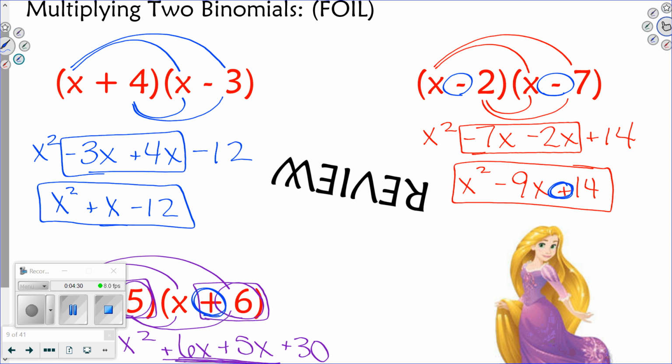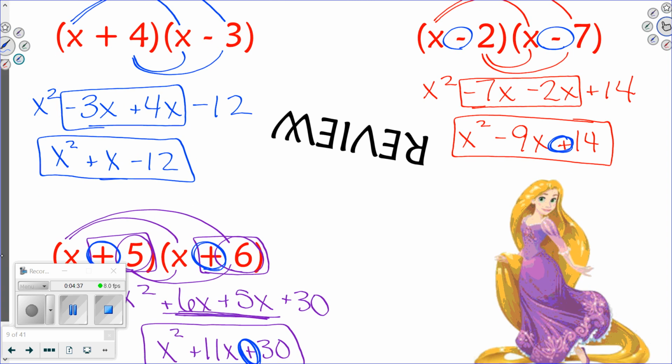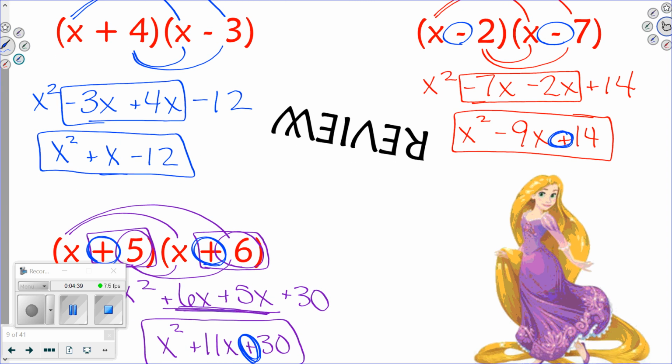But look at this number, it's negative. That one's positive. So that last one is positive, and you have to stop and think: I'm multiplying to get that last number. How do you multiply to get a positive? I can have 2 positives, or I can have 2 negatives. How do you know which one I should use? The middle one. The middle one was positive, so I'm going to use the 2 positives. That middle one's negative, so I must go 2 negatives.